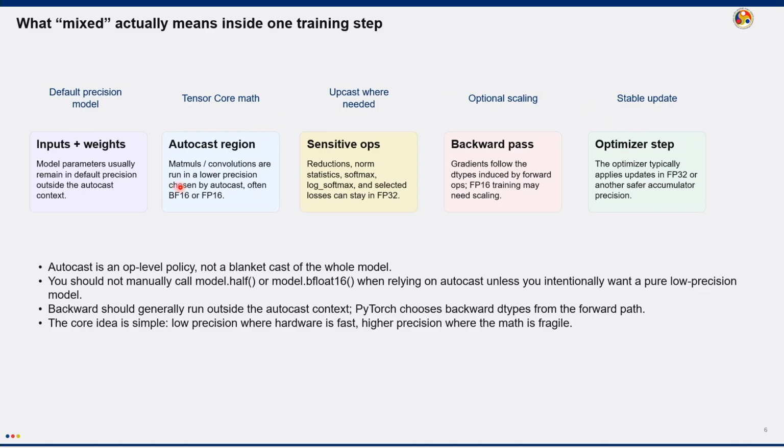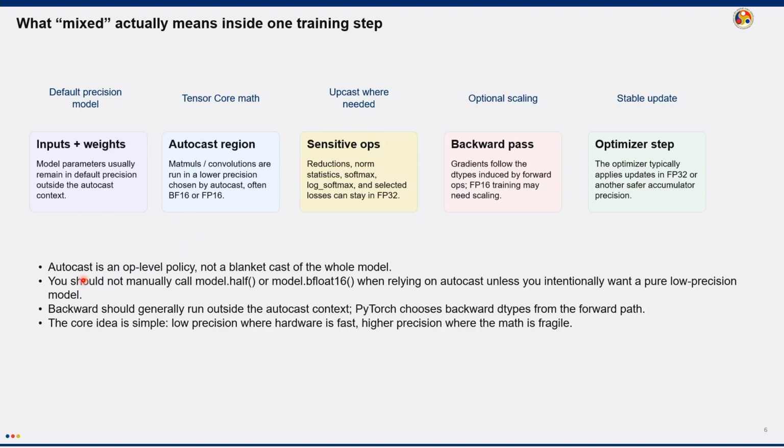This is the way to go for large language model training, where transformers get trained across the GPUs that we have. Autocast is an op-level policy and not a blanket cast. We cannot have autocast wrapped around everything, so we have to specify the region where exactly autocast should be applied.